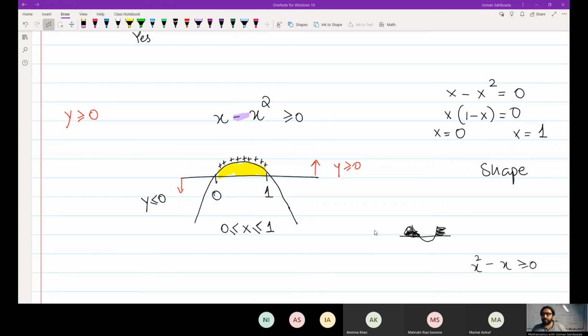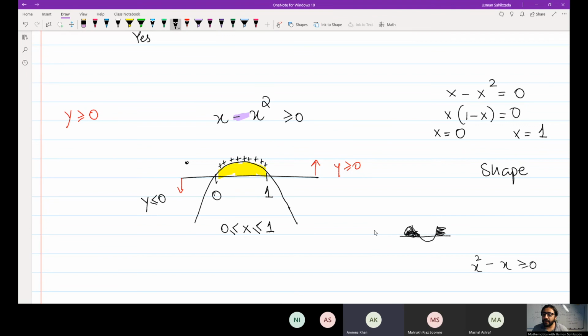If you take a point above the parabola, like this point, and a point below the parabola. Sir, in the sense, I meant not above the parabola, I meant above the x-axis. Any point above the x-axis?